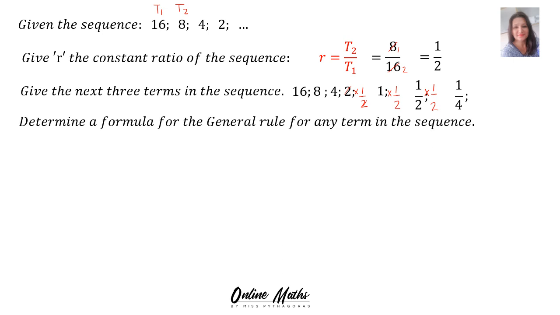Determine a formula for the general rule for any term in the sequence. The formula Tn is equal to A times R to the n minus 1. A is the first term in the sequence, which is 16. R we calculated was a half.